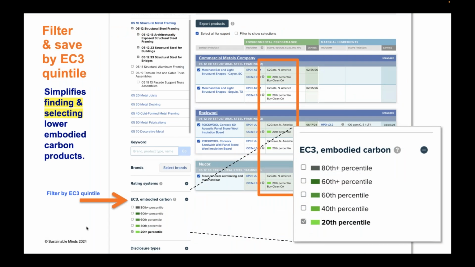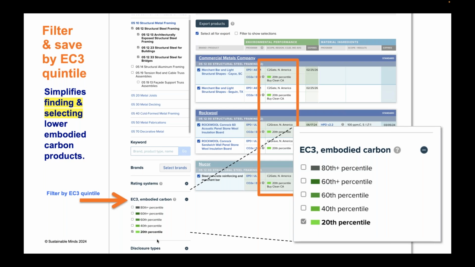And so because we have this data now assigned to each EPD, users can filter by the carbon threshold that's acceptable to that project, depending again upon the goals that have been set.